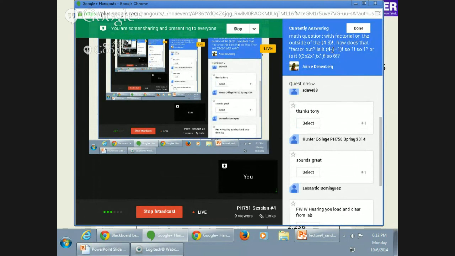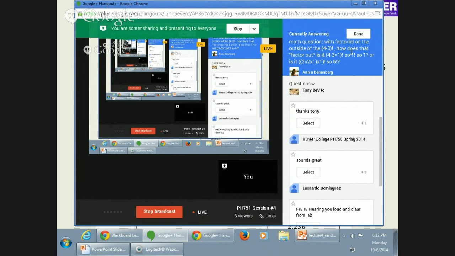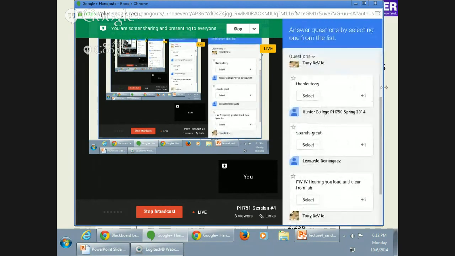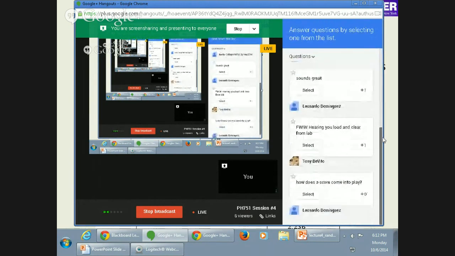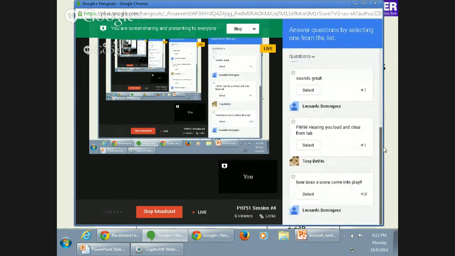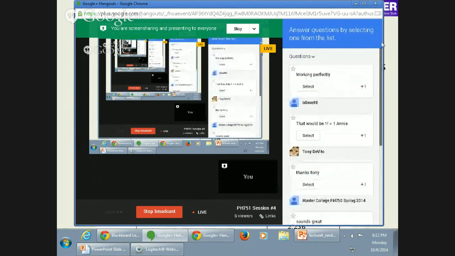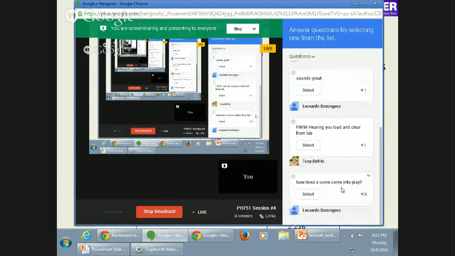Yes, that is 1 factorial, or 1. So the answer is 1 here. Maybe those are the only ones that I missed, except for z-score. I don't think I can answer that one anymore. I don't know the context.